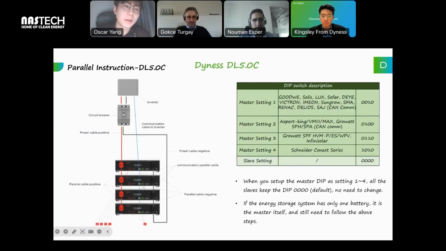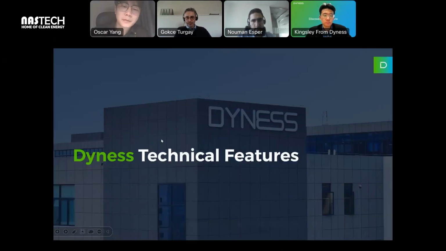So when the battery arrives at your home, the only thing you have to consider when you are installing is whether you need a DC breaker or a combiner box to connect it with the inverters. It will be a painless installation for you. So I will talk about the technical features here.